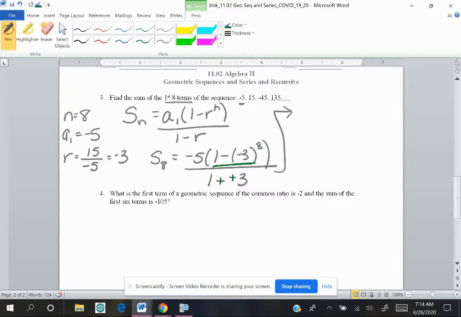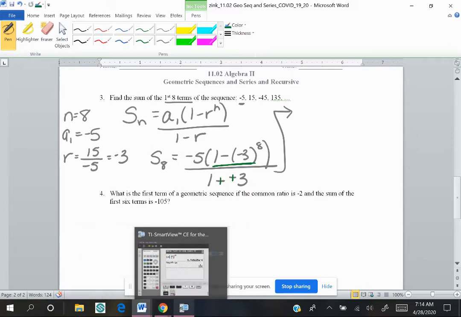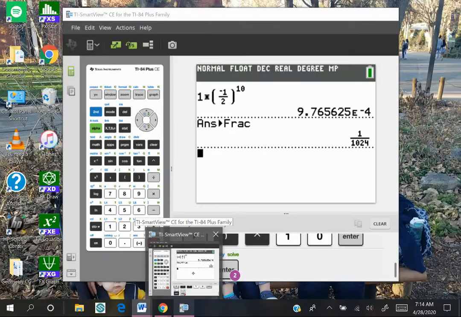And with order of operations, you have to do exponents before you can do your addition or subtraction. So you have 2 options. You can do your order of operations yourself and raise negative 3 to the 8th power first, or you could type this entire thing into your calculator at once. That is up to you. Probably the calculator is going to be the least risky.